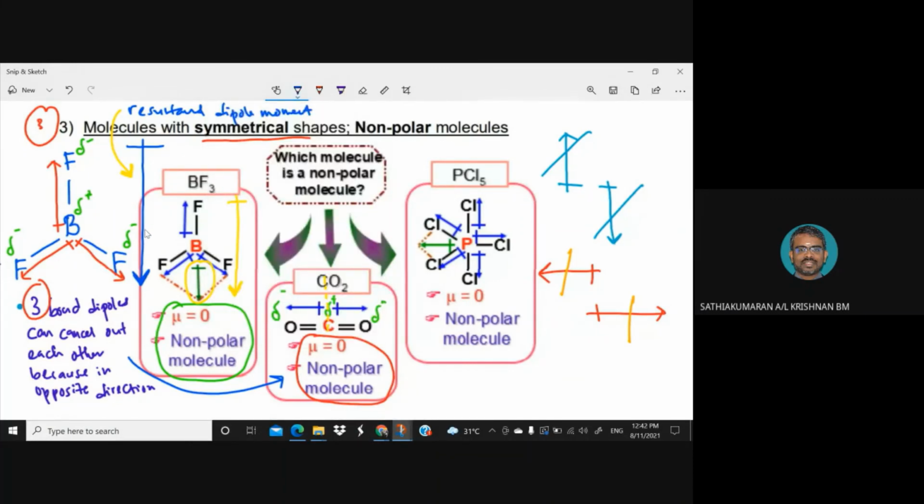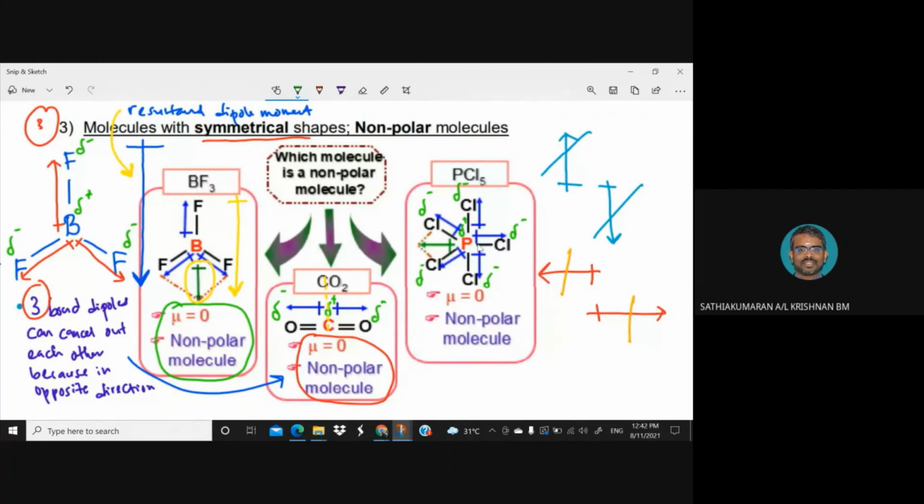PCl5, trigonal bipyramidal. Which element is more electronegative? Chlorine. So delta negative on each of the five chlorines, and here delta positive.